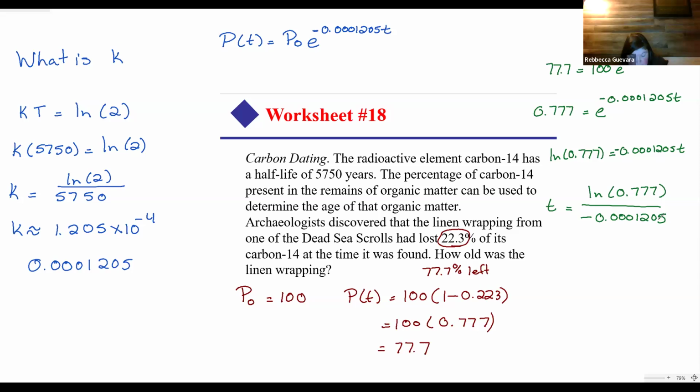So natural log of 0.777 divided by a negative 0.0001205 is going to give me 2,093.9 years old. So we'll just round this even more. Let's say this is 2,094 years old.